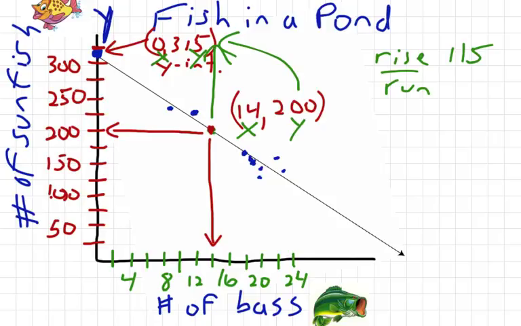And then how much do you run? Well, I'm going to the left 14. So that would be 14. And we know since it's going downhill, it's a negative slope. So I could call my slope negative 115 over 14. I know it's not pretty, but that definitely works for your slope.